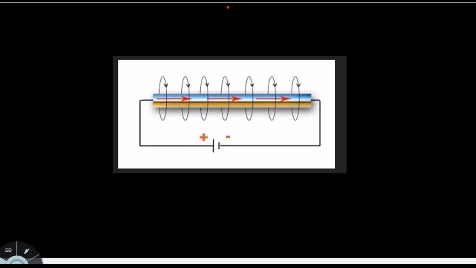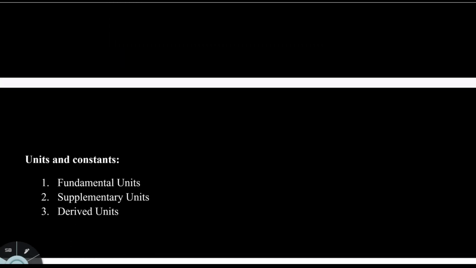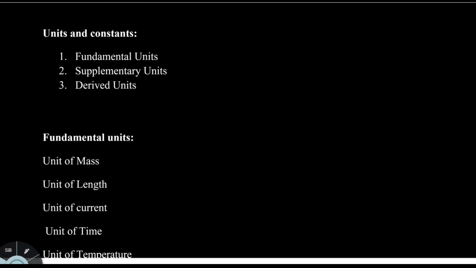In this subject, we learn about these electric and magnetic fields. For analyzing electromagnetic theory, vector analysis is the mathematical tool necessary to understand this electromagnetic field. And the next topic in this unit is units and constants.